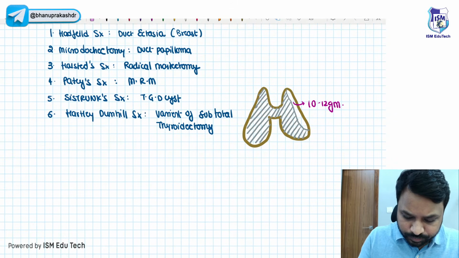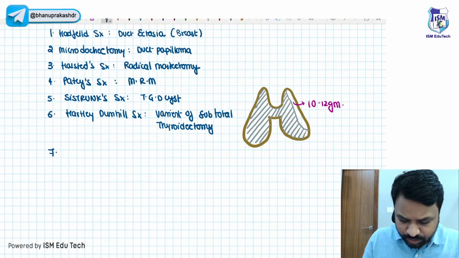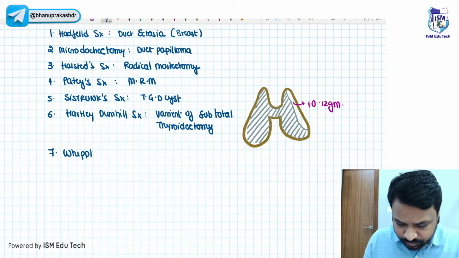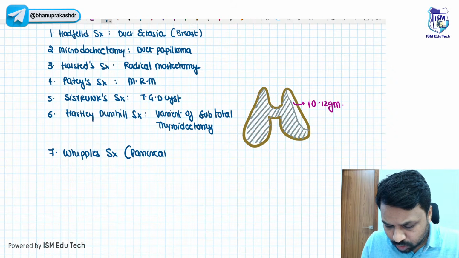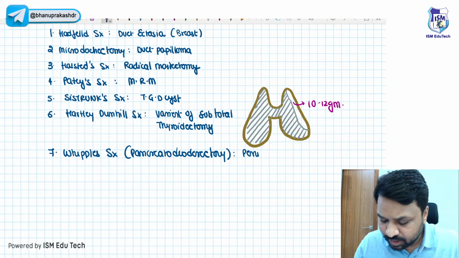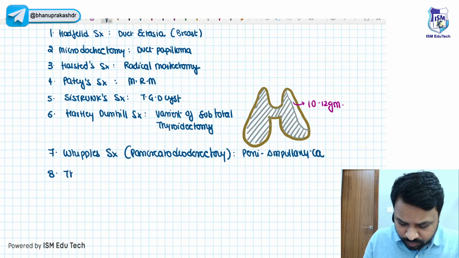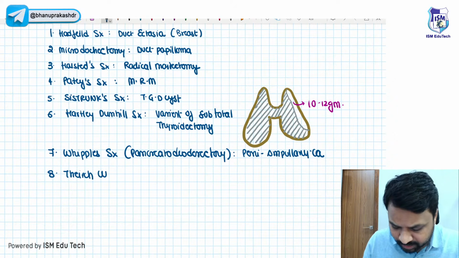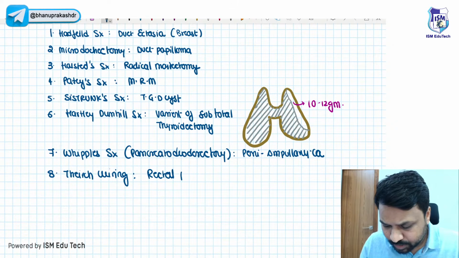Right. Now, other procedures: Whipple's surgery, also called pancreatoduodenectomy. Pancreatoduodenectomy is done for periampullary carcinoma. Then you would have thought about the Thiersch wiring. Thiersch wiring is done for rectal prolapse.